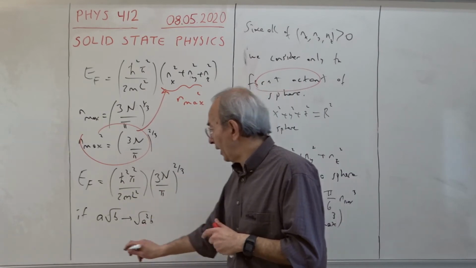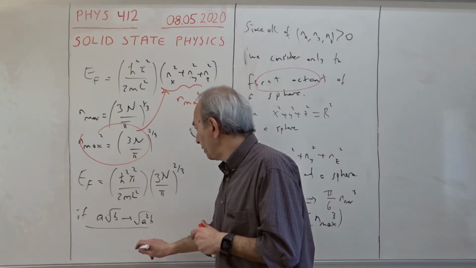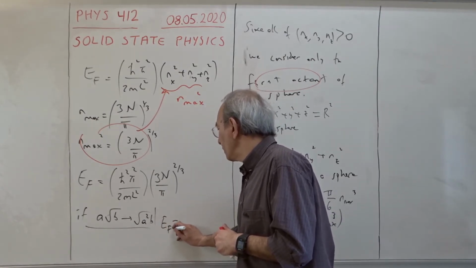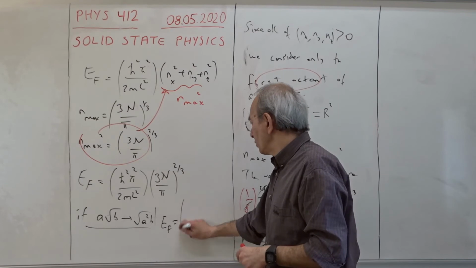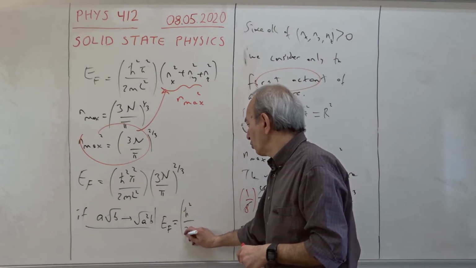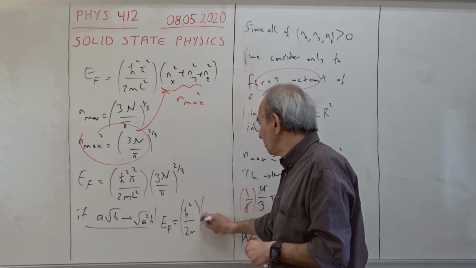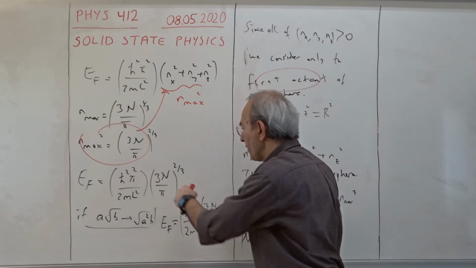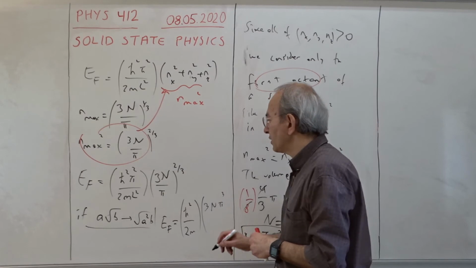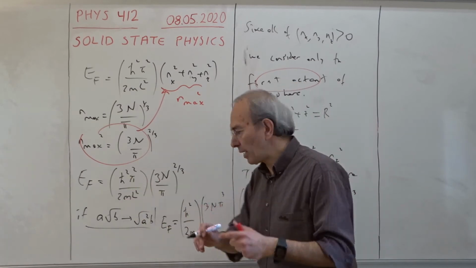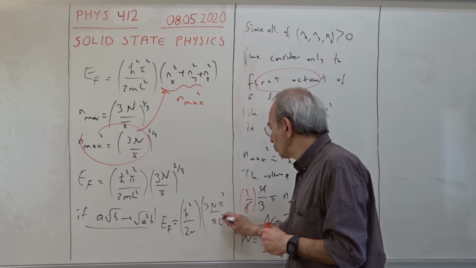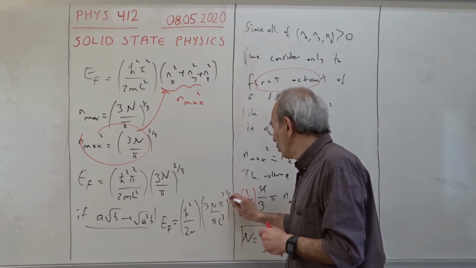The same idea is applied here, and we can write, for instance, EF is equal to the constant h bar squared over 2m multiplied by 3, and now we have a pi cubed inside, because the 2's cancel, pi becomes pi cubed, divided by 1 pi and L cubed, to the power of 2/3.